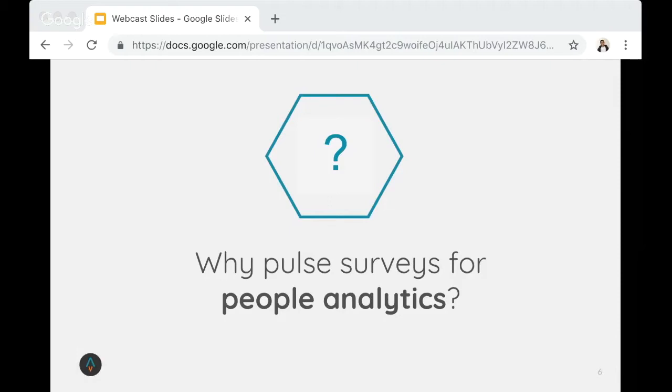Why do we need surveys at all? And when we started EngageRocket, this was a big question that we wrestled with, because having done surveys for a living, we knew that the response rates are not always automatic, that there's some energy that needs to go into the initiative to drive responses. There are always these questions about, are we actually collecting the true feelings of people, or are people going to be just telling us what we want to hear?